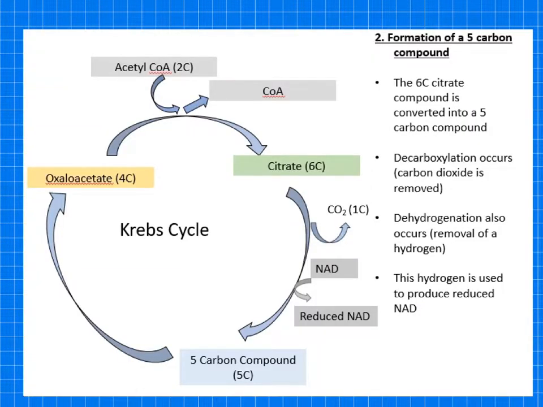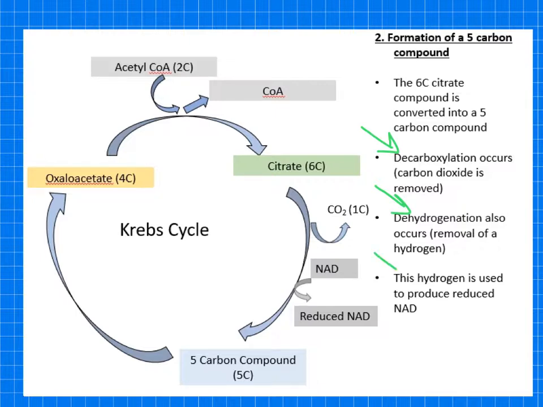So once we've made the citrate, it is then decarboxylated and dehydrogenated. Just a reminder, decarboxylation is where carbon dioxide is removed, and dehydrogenation is when hydrogen is removed.